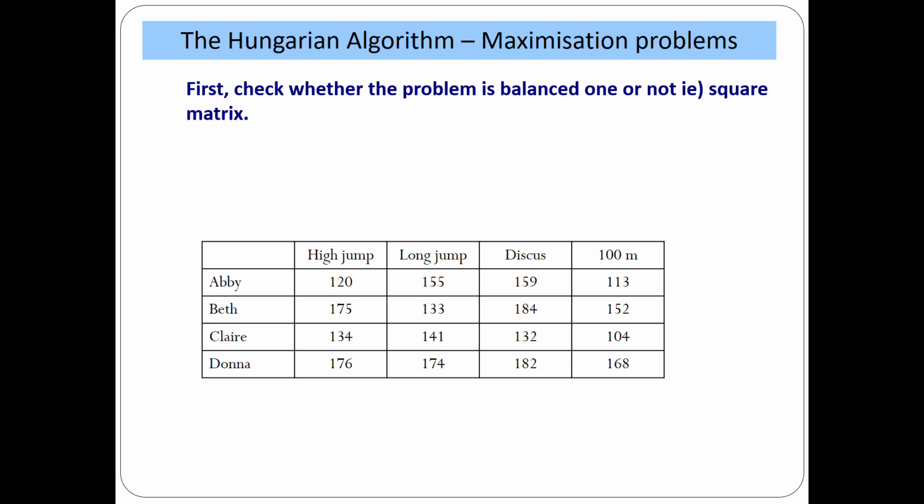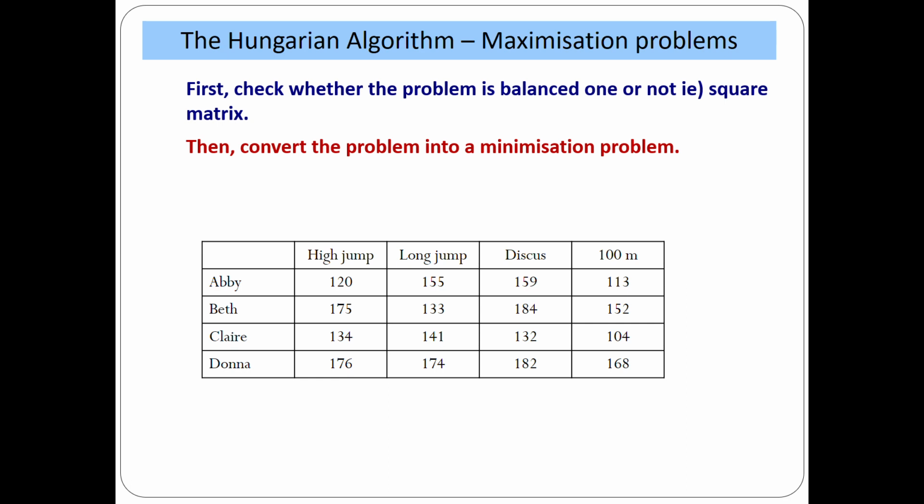If you do this in reverse, it will be a big blunder. If it is not a square matrix, it should be converted into a square matrix by adding a dummy row or column with zero cost. Then only we proceed with the conversion of the maximization problem into a minimization problem.